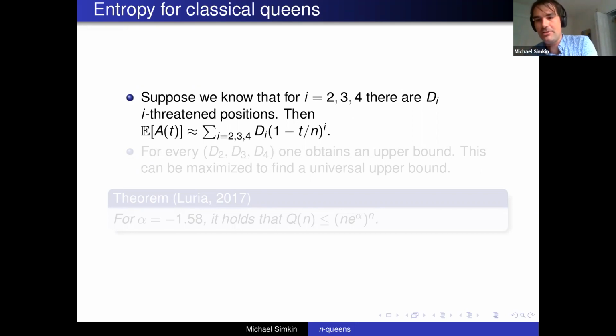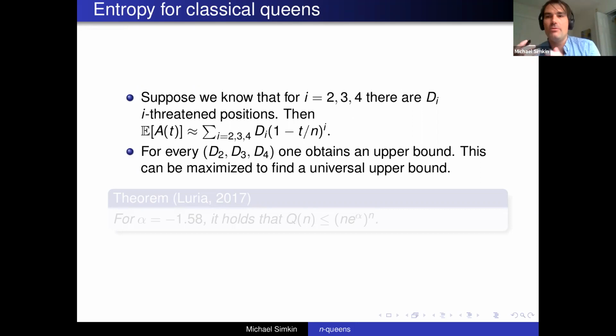But what you can try to do is say, okay, D2, D3, D4 can't be just anything. For example, their sum must be n squared because you're covering all of the board positions. And maybe you can make some more sophisticated argument about how board positions interact and get a better understanding of this vector D2, D3, D4.